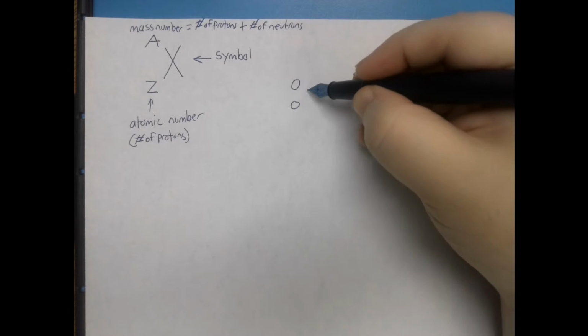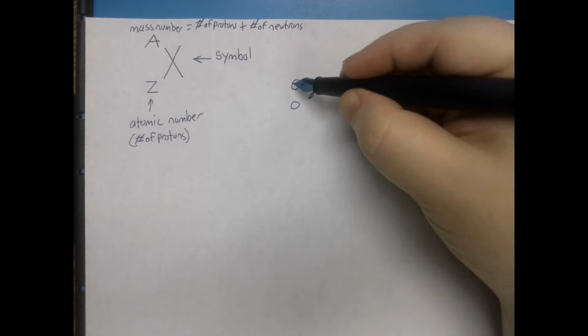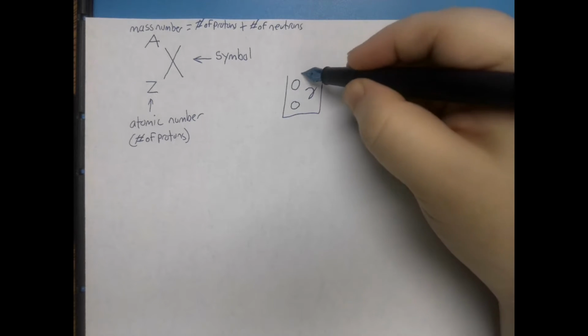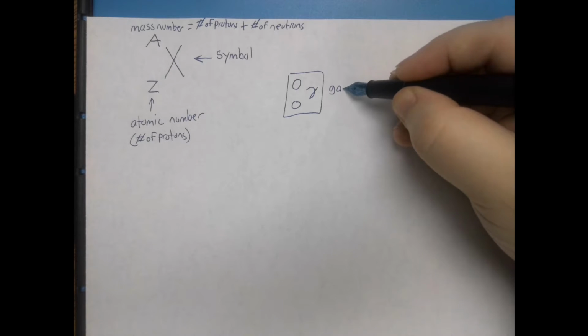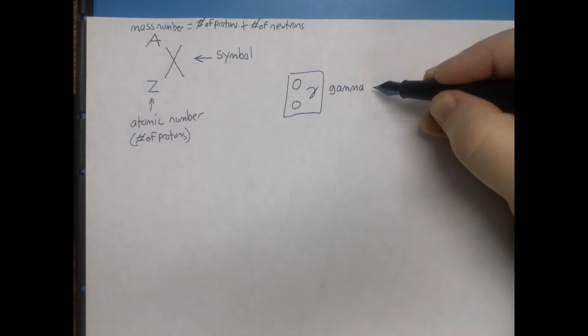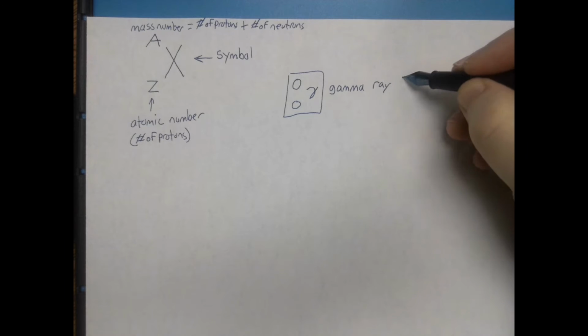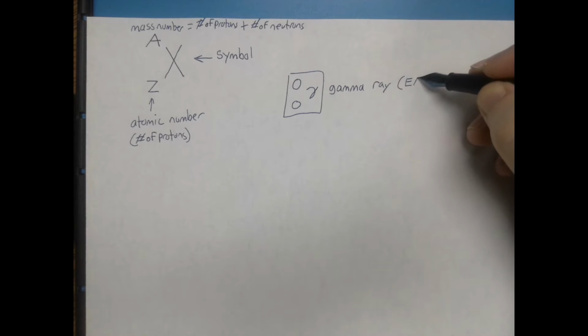Zero, zero, gamma. This is a gamma ray, an EM wave, electromagnetic wave.